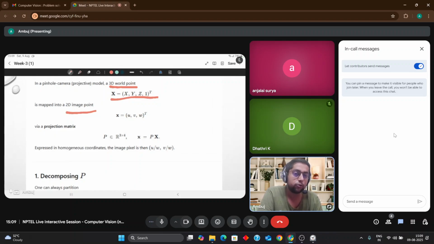Why are we doing it? We want to know the information hidden in an image. For example, I am speaking in front of you and you are seeing me through my laptop's camera.